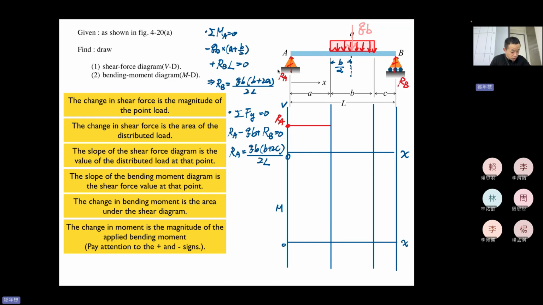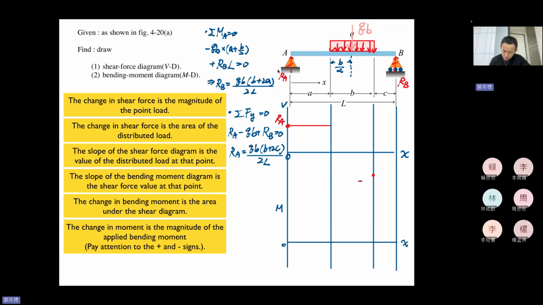But don't worry, because RA minus QB will be equal to minus RB. Okay, definitely. You can try that.